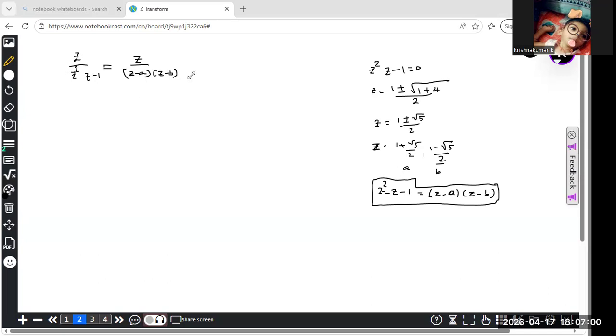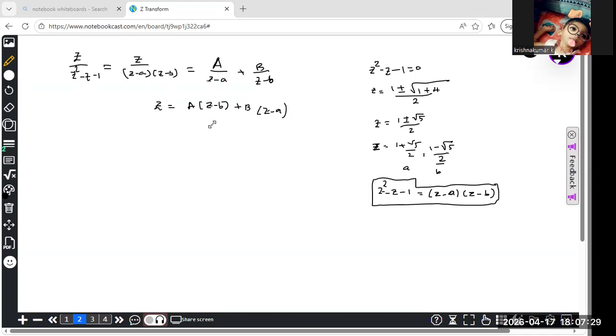Now take the partial fraction. This is simple factor, so therefore this can be written as A by z minus a, plus B by z minus b. So now if you take the cross multiplication, then this becomes z is equal to A times (z minus b) plus B times (z minus a).